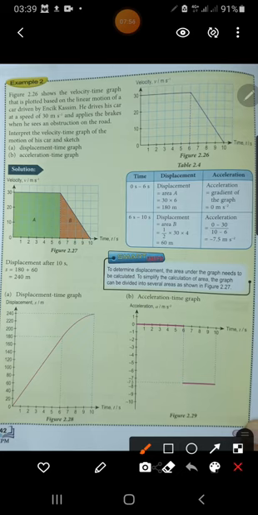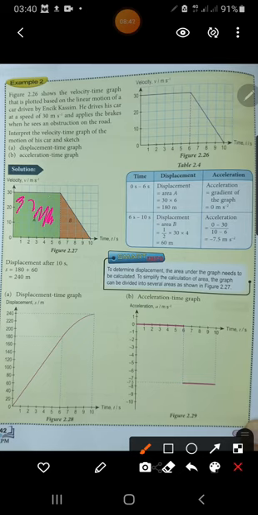For a velocity time graph, the gradient stands for acceleration. Let's look at the solution, which is actually the same, just with colors added. We have to interpret first. How do we find displacement from a velocity time graph? You have to find the area under the graph. From 0 to 6 seconds, the displacement is area A. This is a rectangle, so length times width.